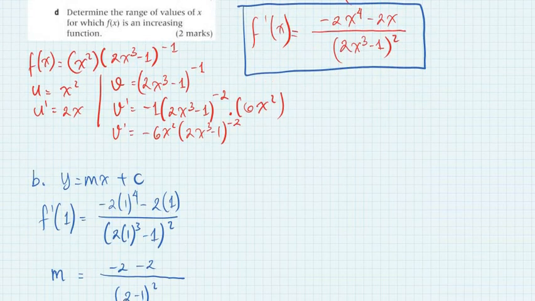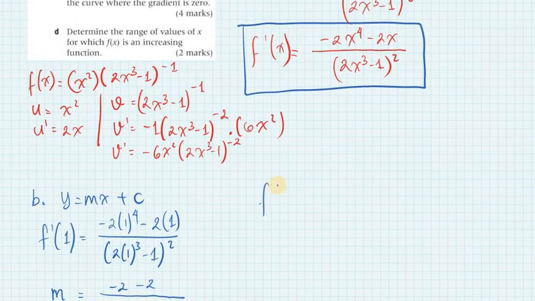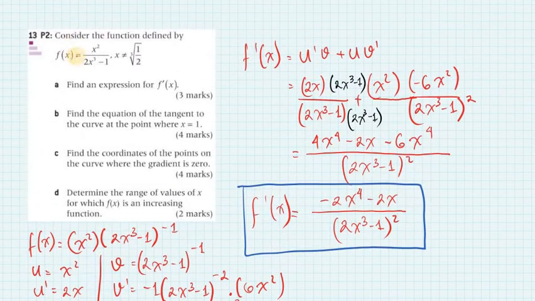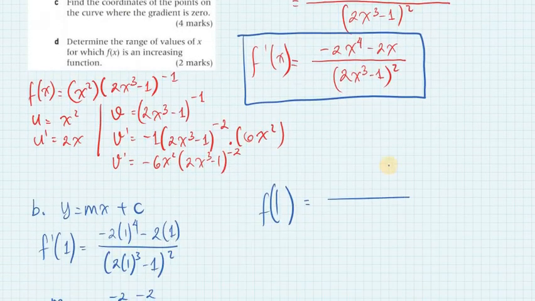Let's see what do we have. So f(1) is equal to, we need to find the y, yeah? x squared over 2x to the power of 3 minus 1. So we will have 1 squared over 2 times 1 to the power of 3 minus 1.